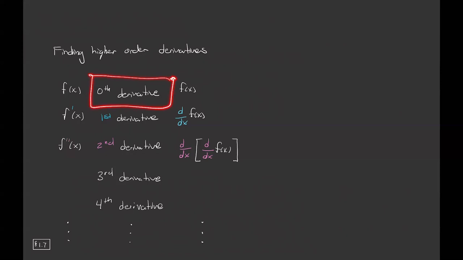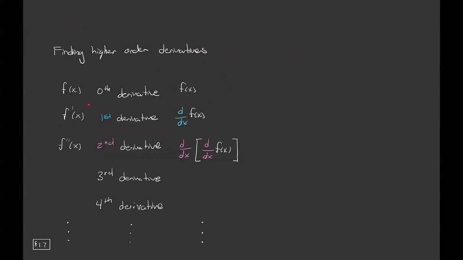So if you just leave the function as it is, f, that's what we would call the zeroth derivative. The first derivative is what we've been thinking of as the derivative. As we're going to see, there are many different derivatives, each of a higher order. But the very first one we learned is the first derivative.